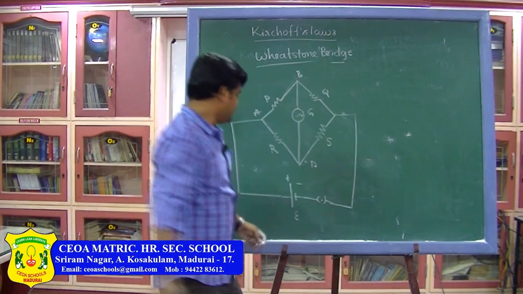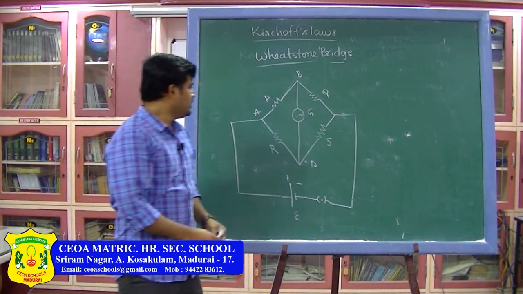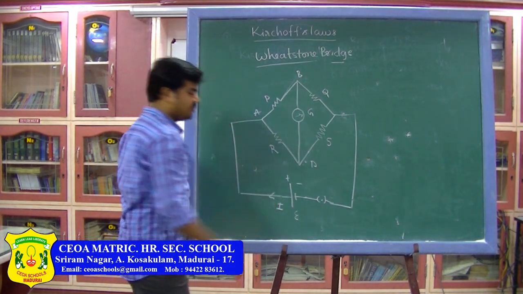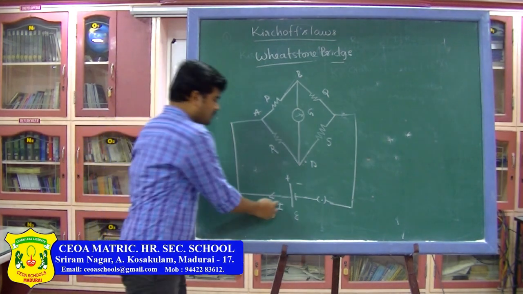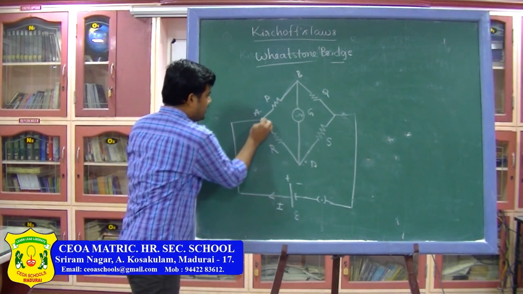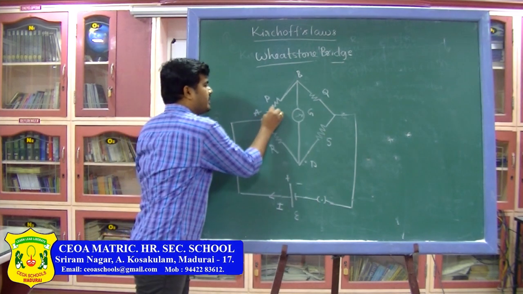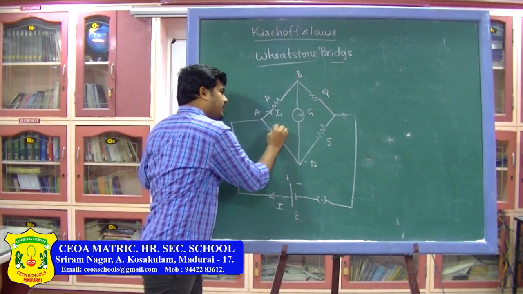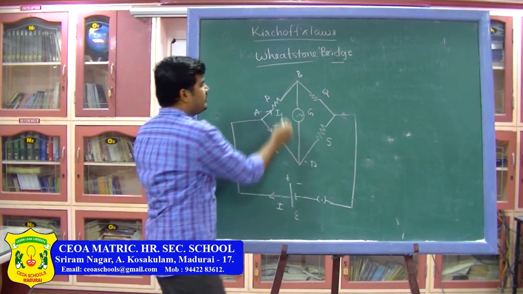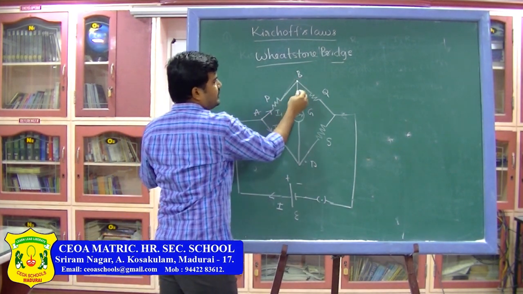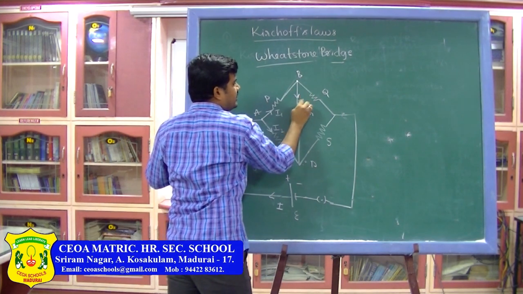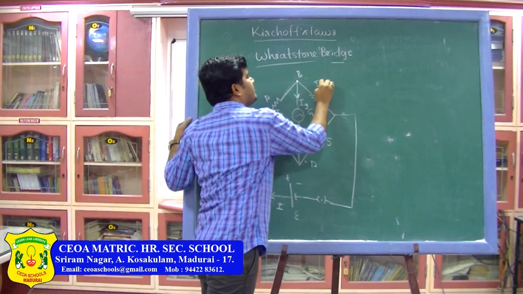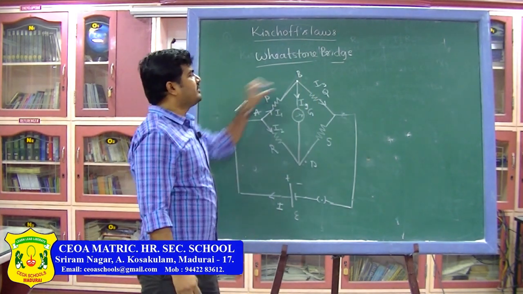So first let us assign the current directions in each part of the circuit. So let the current start from the positive terminal of the battery. There is total current I. Now this total current at the junction A will split into currents I1 through resistor P and I2 through resistor R, and at this junction this I1 splits into two currents, that is one current Ig flows through the galvanometer and the other current flows through the resistor Q, which is I3.